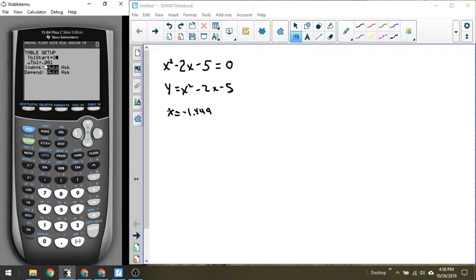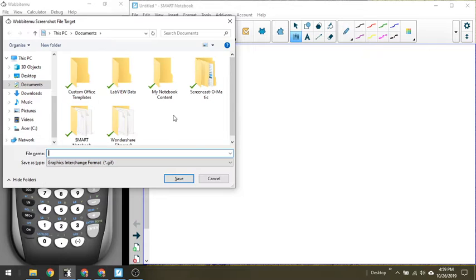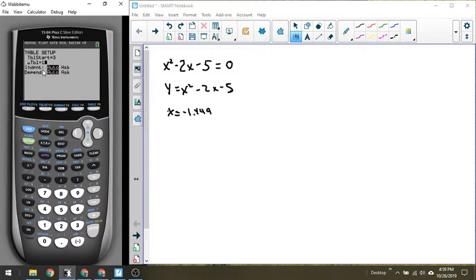And I want to go back here and change my table set, change my delta x, my difference between the x's, as 1. No, I can actually set it as 0.01. And hit the table. Take a look at the table.